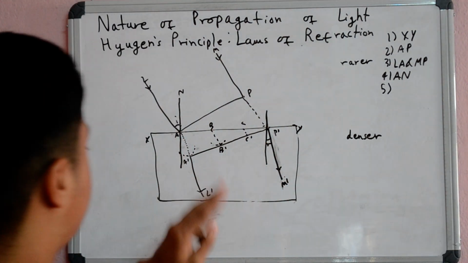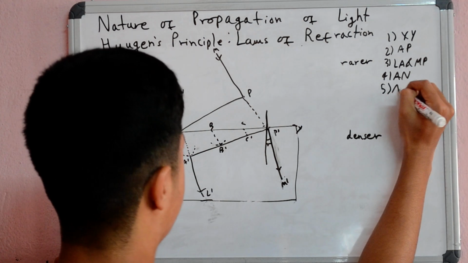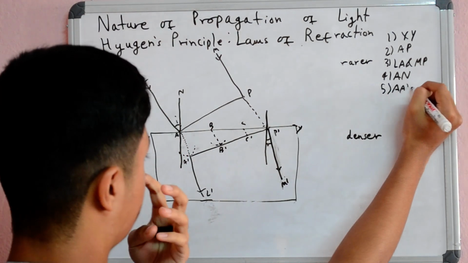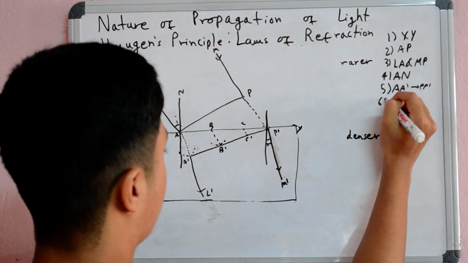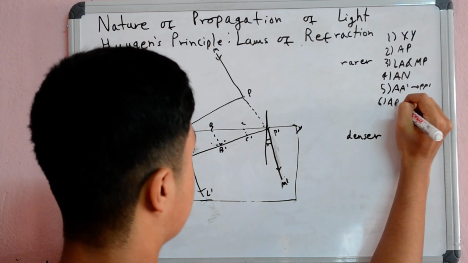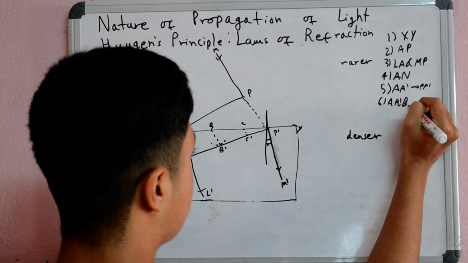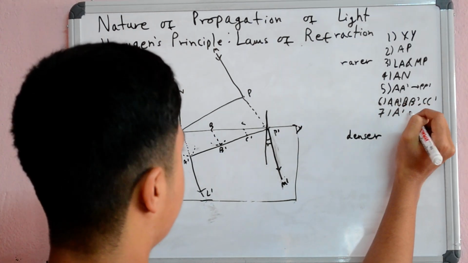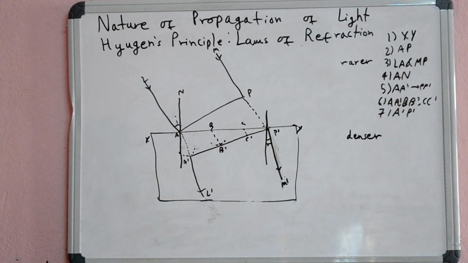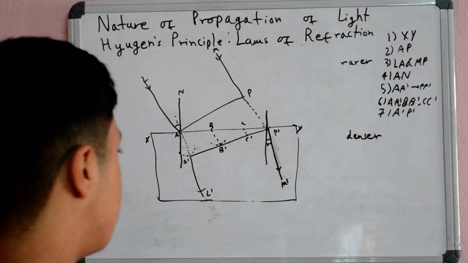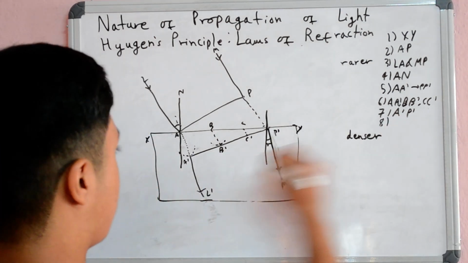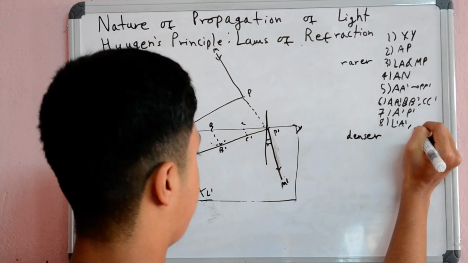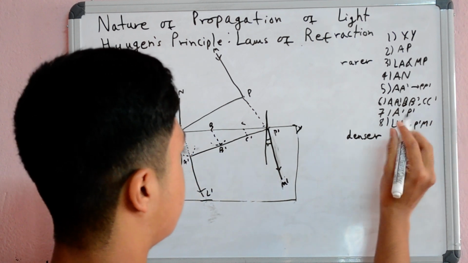Now let's just write down the steps we did. We have AA dash due to the PP dash, and now we have number of points AA dash, BB dash, CC dash, which gives our secondary wavefront, right? So here in the last step we had drawn L dash, A dash and P dash, M dash.